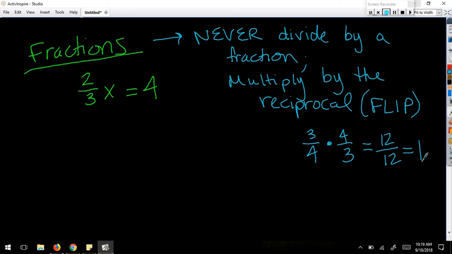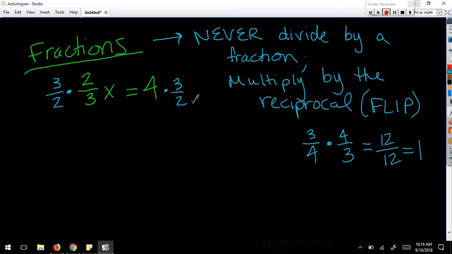If you came over here and said, okay, I'm going to divide both sides by 2/3, well, how do you divide 4 by 2/3? But if I multiply by 3/2, because that's the reciprocal, and remember this is an equation, so I need to do it to both sides.